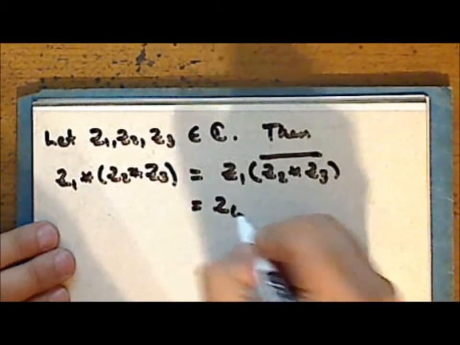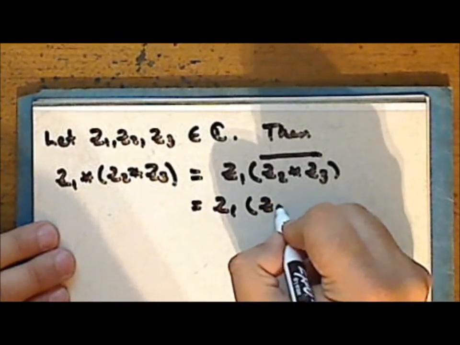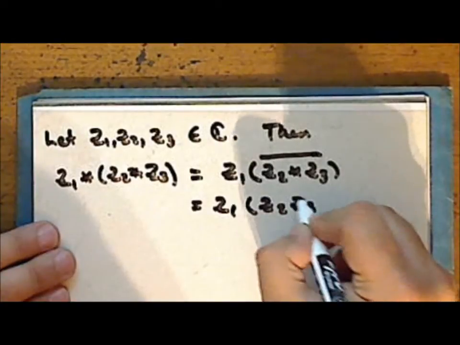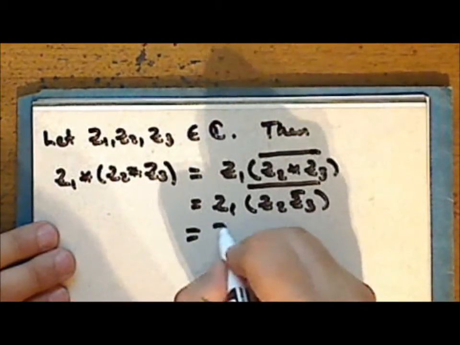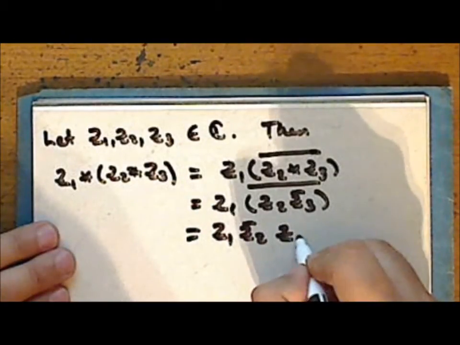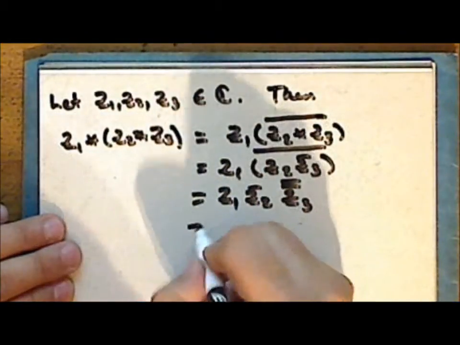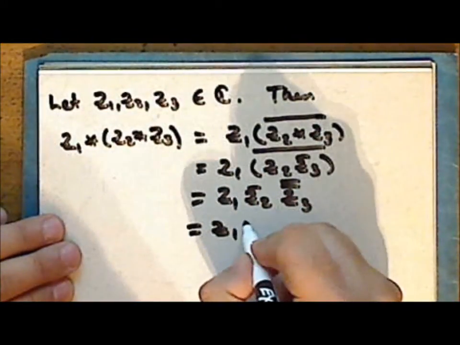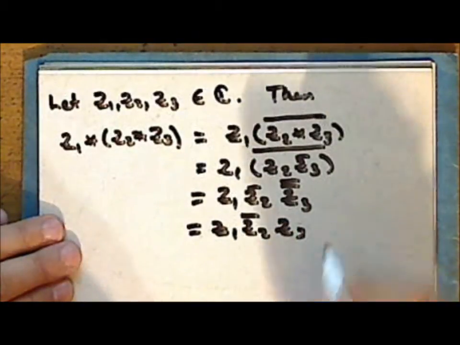This is Z1 times the conjugate of Z2 times the conjugate of Z3. This gives us Z1 times the conjugate of Z2 times the double conjugate of Z3. So this gives us Z1 times the conjugate of Z2 times Z3.